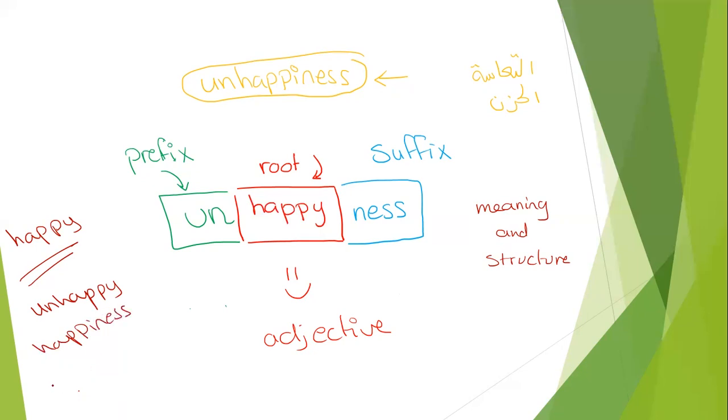I can also say what? Yes, unhappiness. So from the root of the word, I can have one, two, three different words. This is the main issue in the concept of prefixes and suffixes.